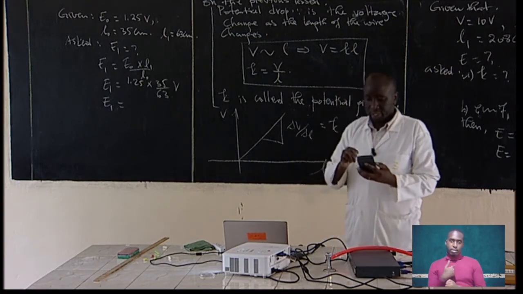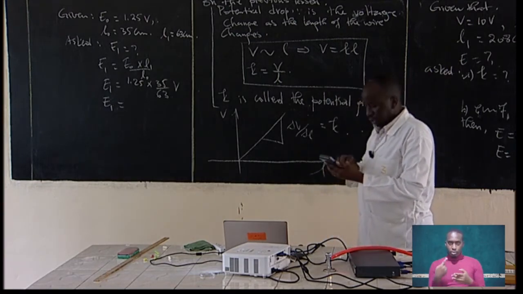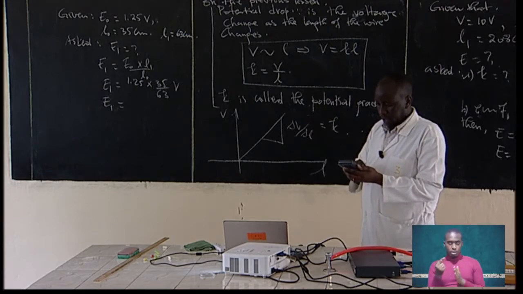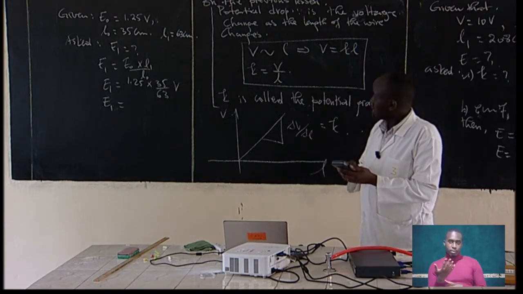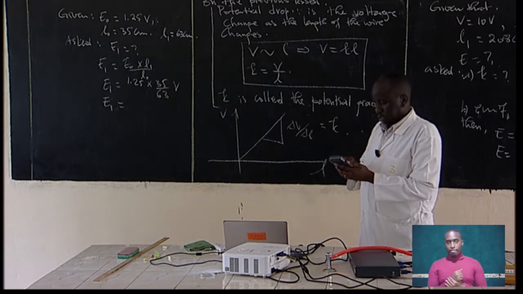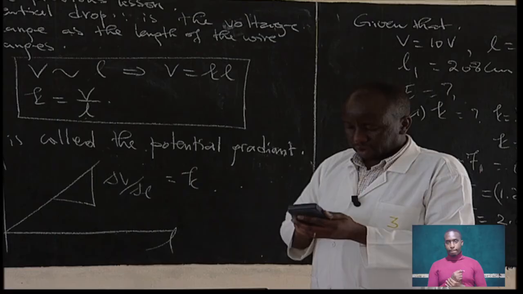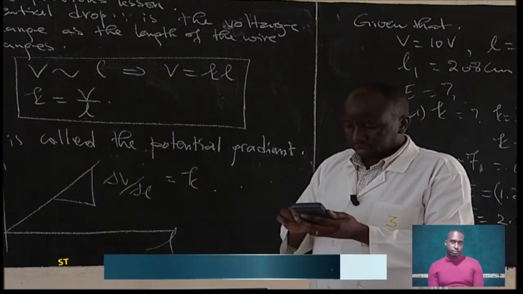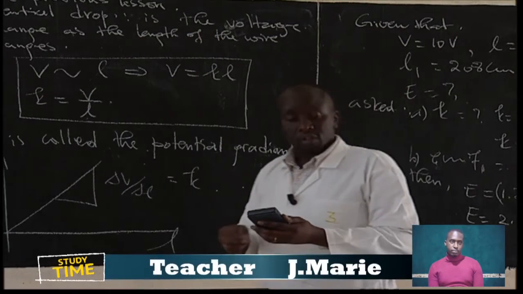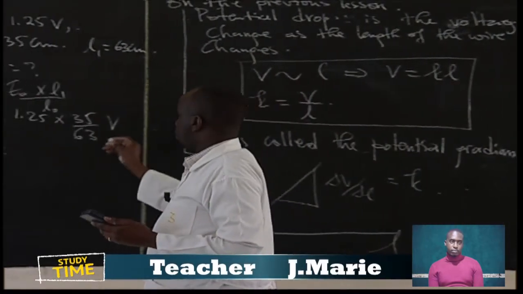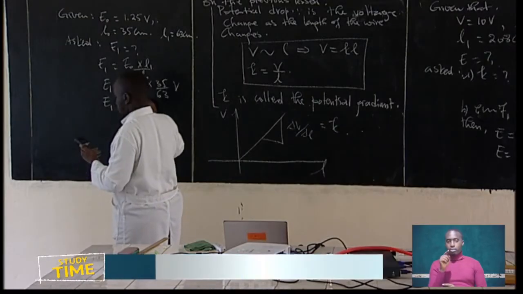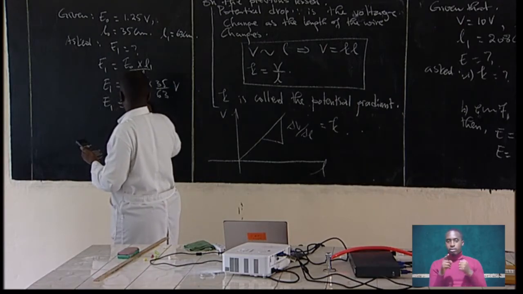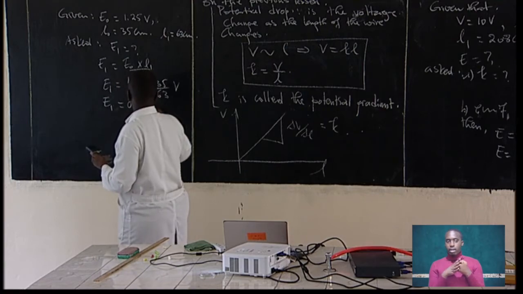So let's go. What we have there is 1.25, then times 35 over 63. So then we find 0.69 volts.